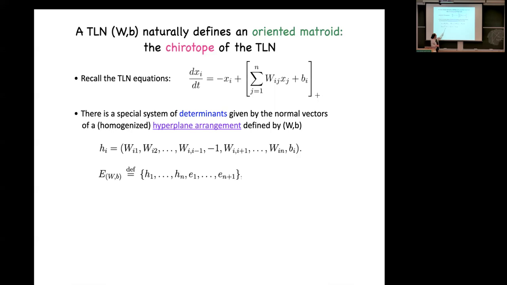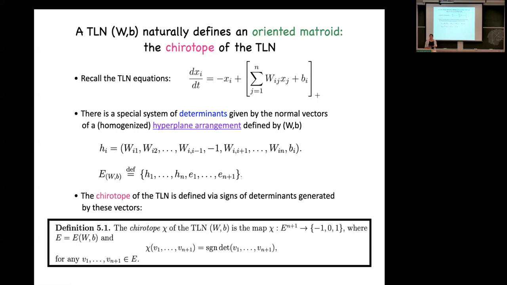And then we can throw in the standard basis vectors. We've lifted everything up and we've homogenized, so there are some extra dimensions, an n+1. And we get a system of vectors that is defining our hyperplane arrangement. This lifting up is because our arrangement is not central, and then we can make it central one dimension up.